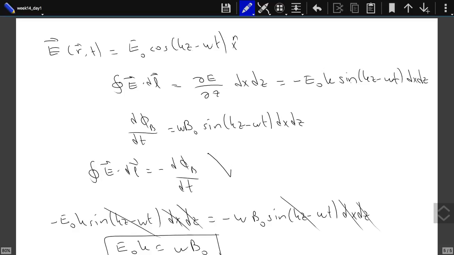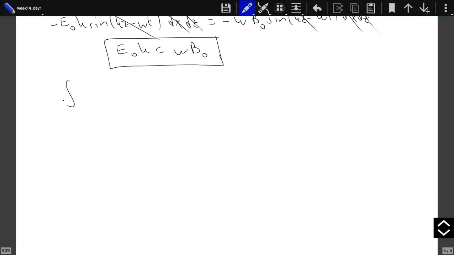To show that these are possible solutions of the Maxwell's equations, there's just one equation left. We have to show that our electric and magnetic fields also satisfy Ampere's law in the form B dot dl should be equal to mu 0 epsilon 0 d phi E by dt.